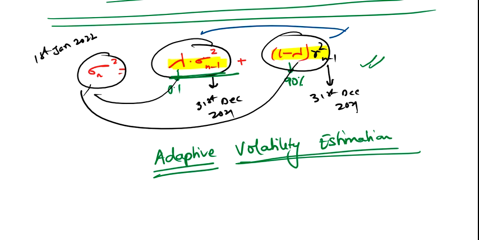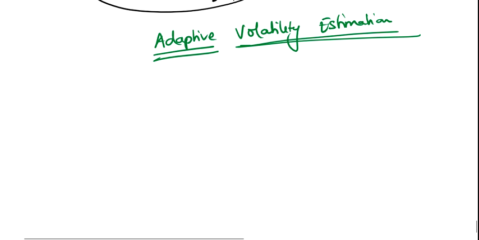Clear? So two benefits: one, you don't have to spend a huge amount of time calculating 1000 days of data. Second, you are focusing only on yesterday's data, meaning you are not giving any weight to data from 500 days ago or 1000 days ago, because if there is a huge spike, whether positive or negative, it can impact the calculation of the volatility.